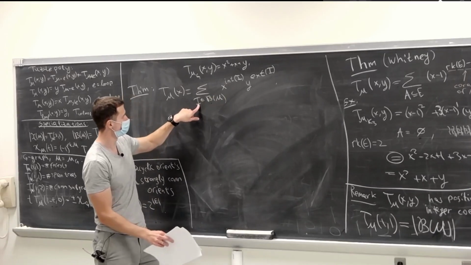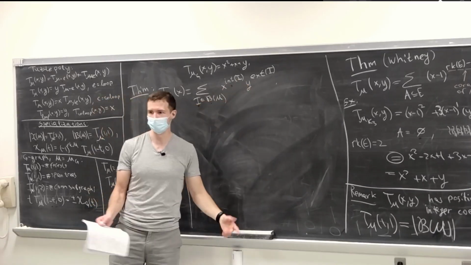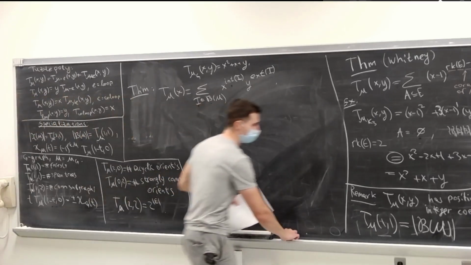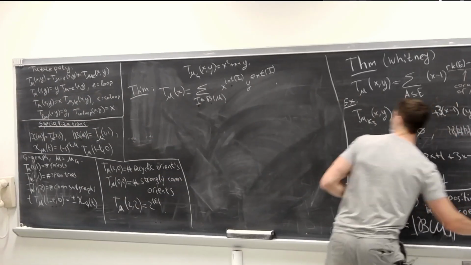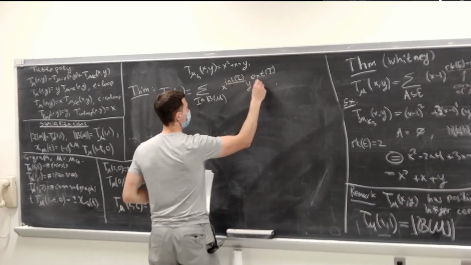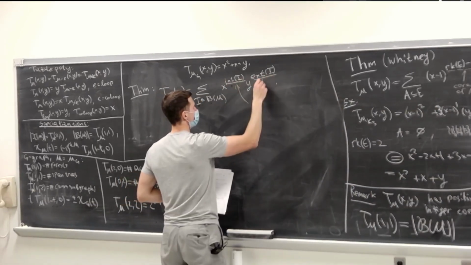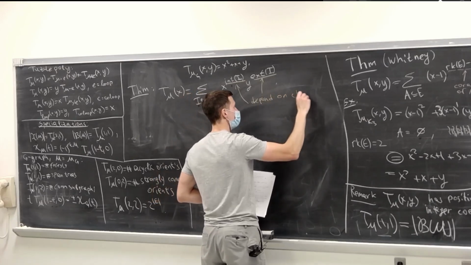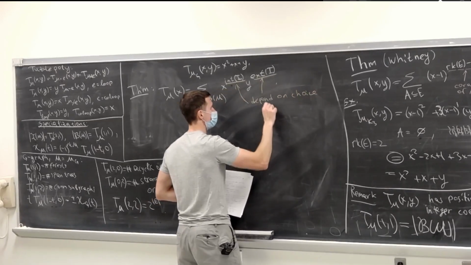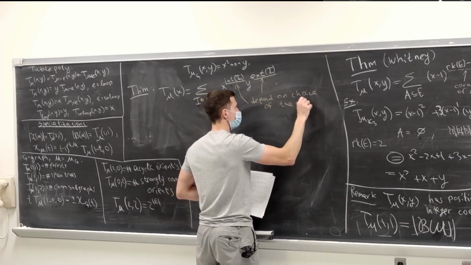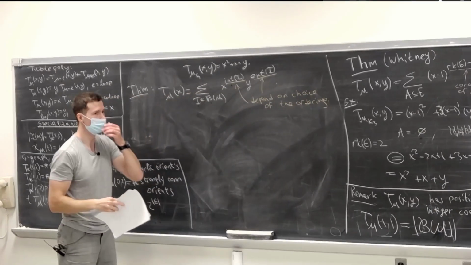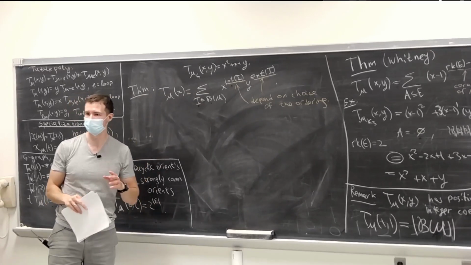If you fix I, then these two numbers actually depend on the ordering quite a bit. These two things depend on the choice of the ordering. But the whole polynomial does not depend on any choices.